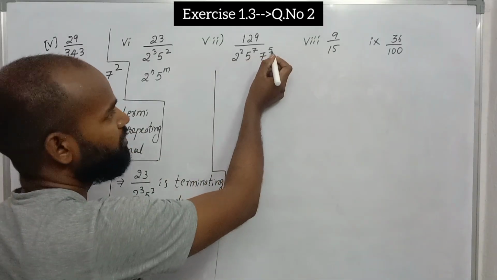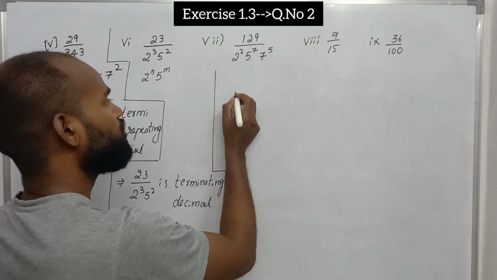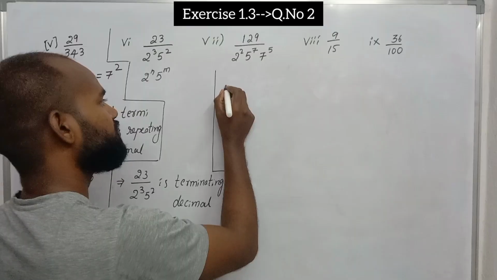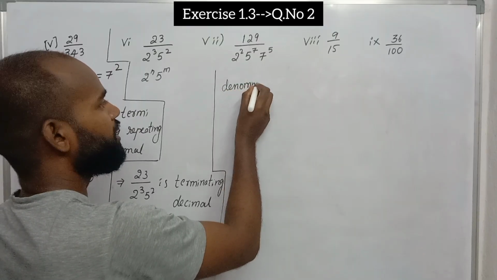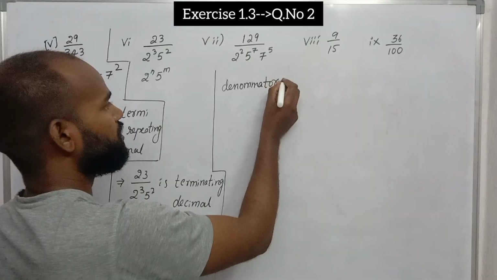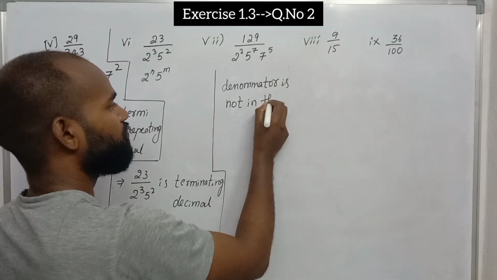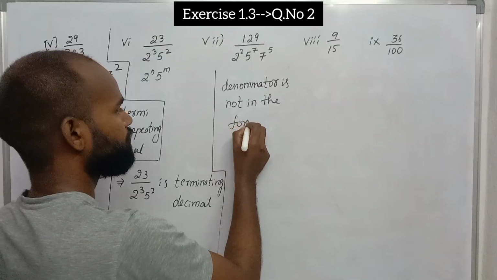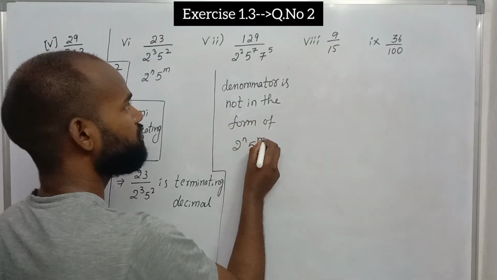Next one, here we have 2 power 2, 5 power 7, 7 power 5. So the denominator is not in the form of 2 power n into 5 power m.